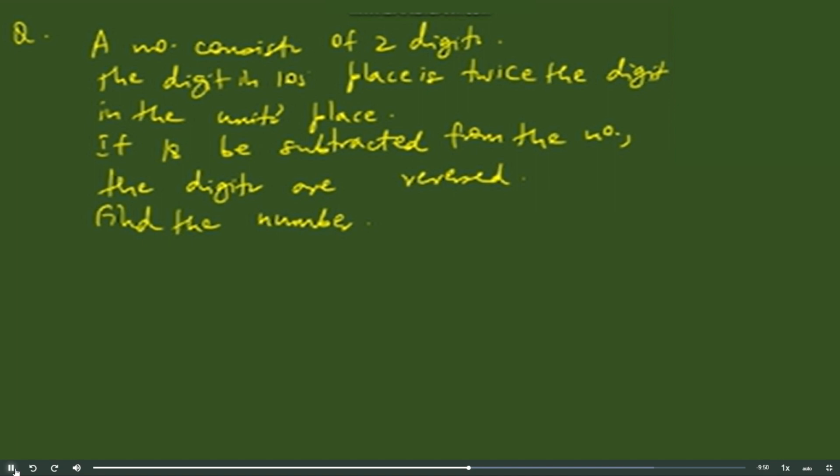If 18 is subtracted from the number, the digits are reversed. Find the number.